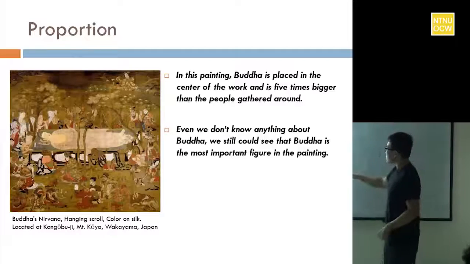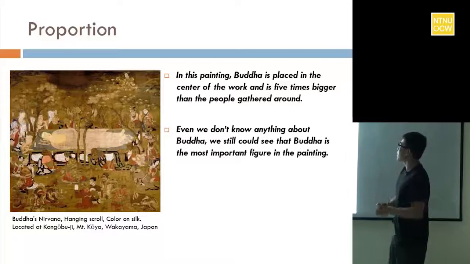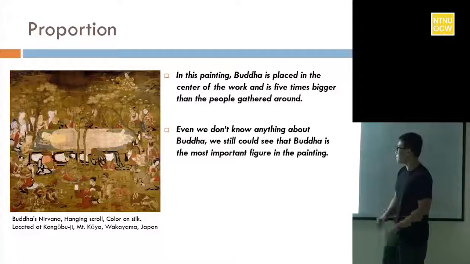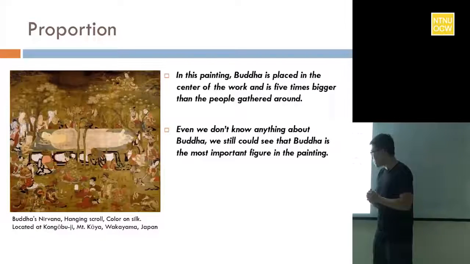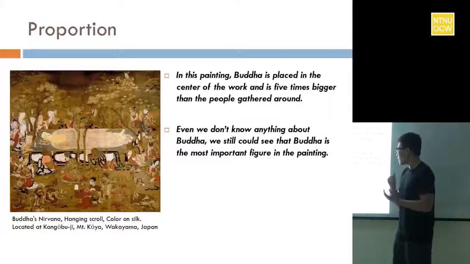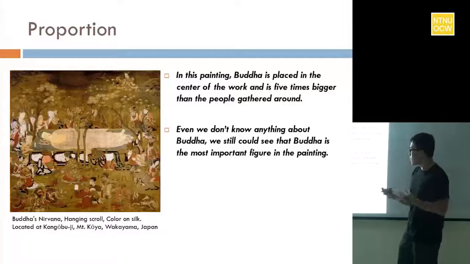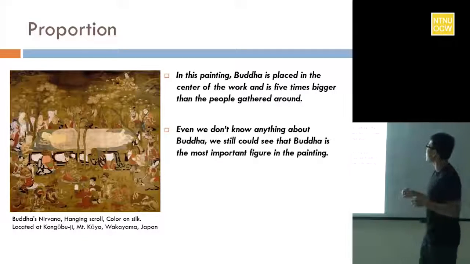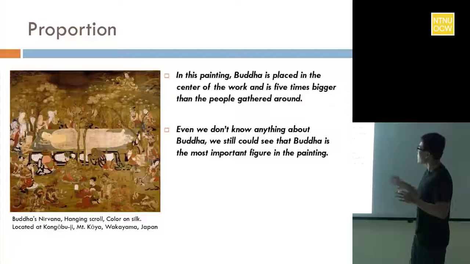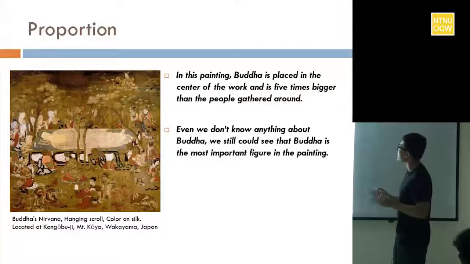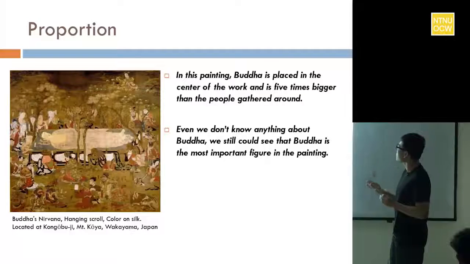Okay, and the last one I would like to introduce is the Buddha, which is also painted with oil paint on silk. In this painting, the Buddha is placed in the center of the work, and it is 5 times bigger than the people gathered around.